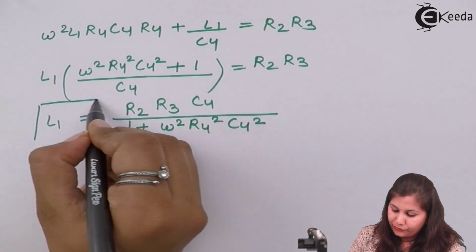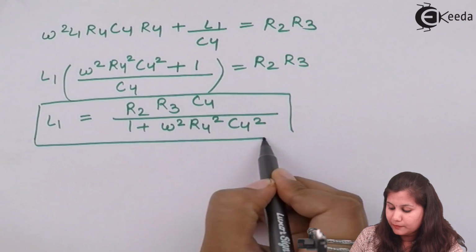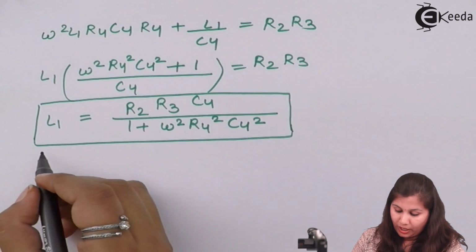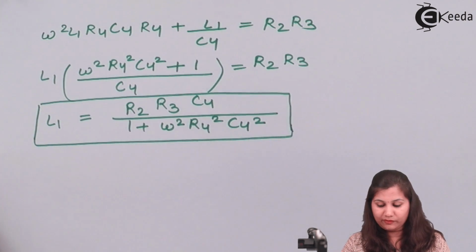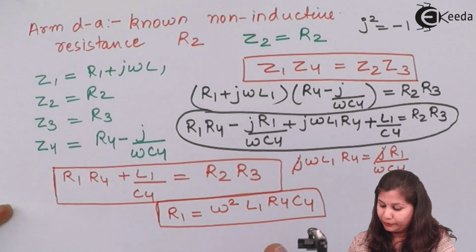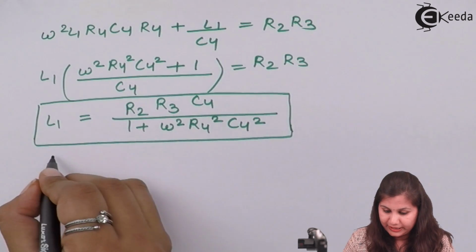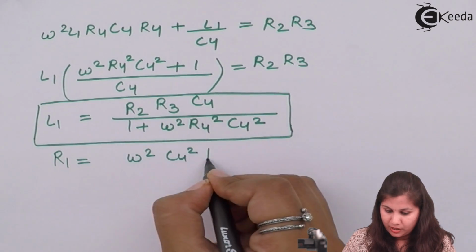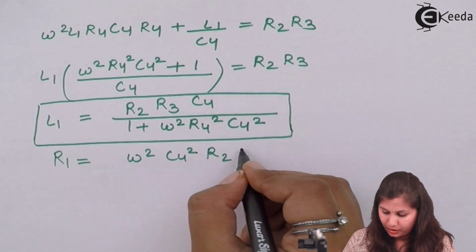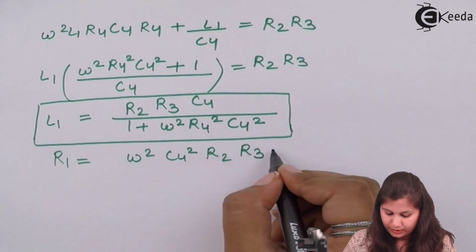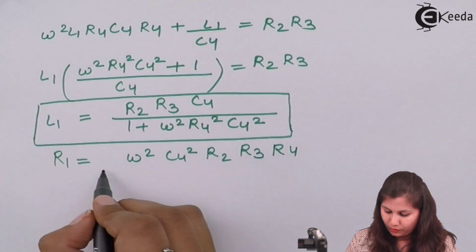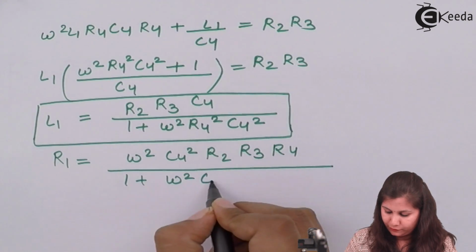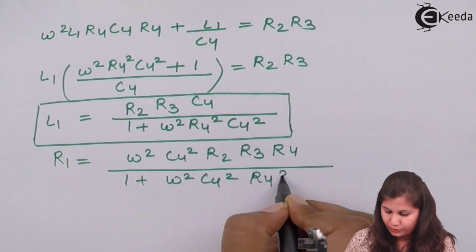This is the value of the inductance L1 in terms of the known variables R2, R3, R4 and C4. Now R1 was omega square L1 R4 C4. Putting the value of L1 from here, we will get R1 as omega square C4 square R2 R3 and R4 upon 1 plus omega square C4 square and R4 square.